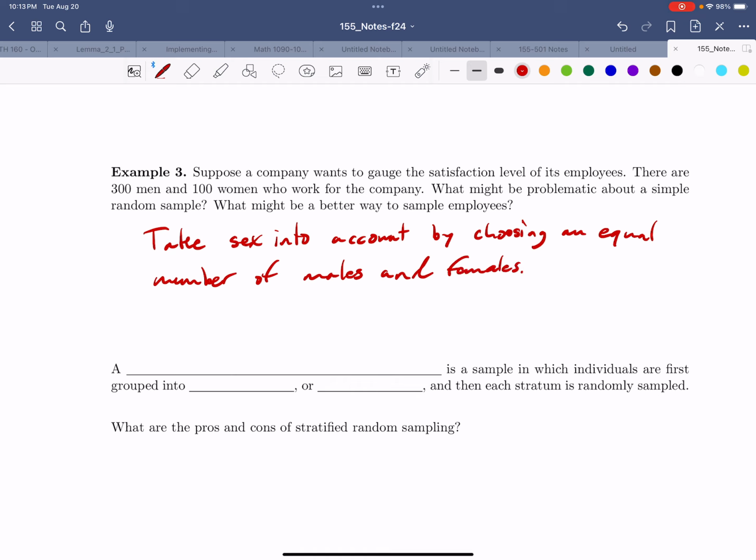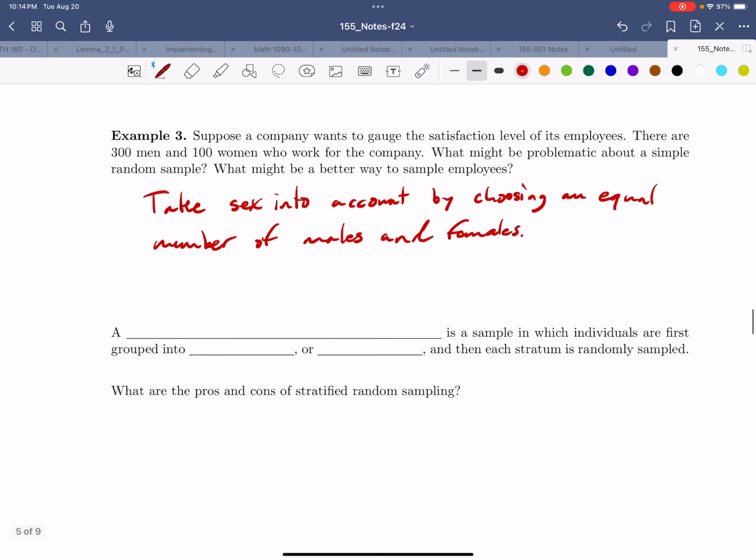Right? Because, for example, if there's an issue at work that maybe the men don't really care about, but maybe the women do, you might not really get that representative sample if you just choose 3 times as many men as women. But if you choose half men and half women, that issue might be more stark.